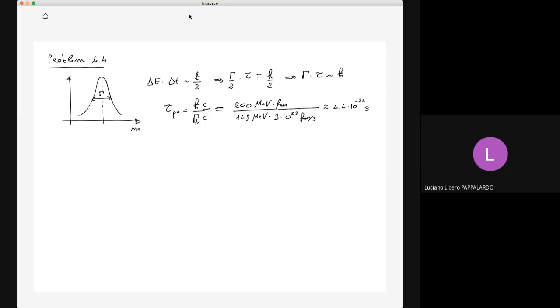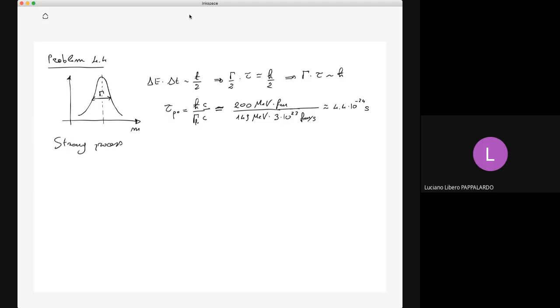So now the question for you. Given this decay time, what is the fundamental interaction that regulates this decay? Is it strong, electromagnetic, or weak? Strong? Yes, it must be strong, because only strong decays can have such an extremely short decay time. So it is a strong process.